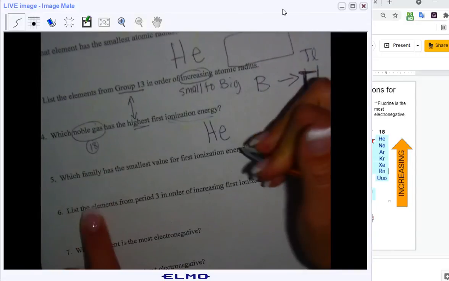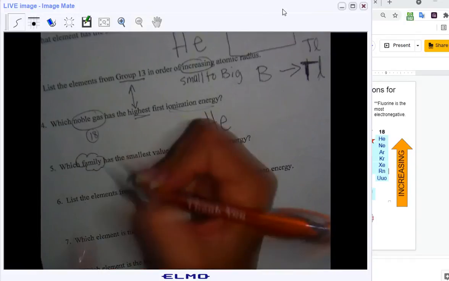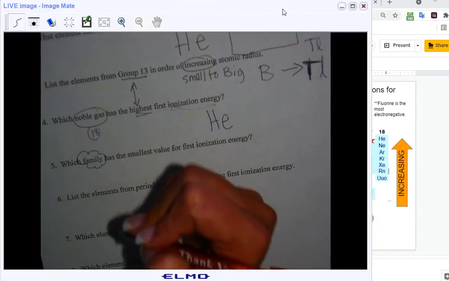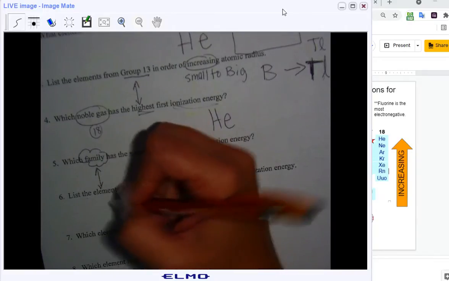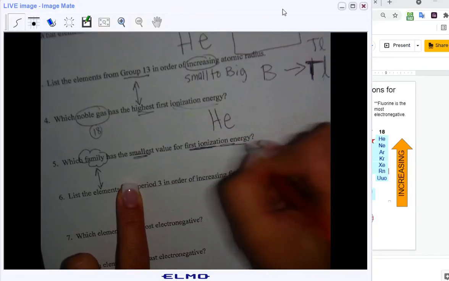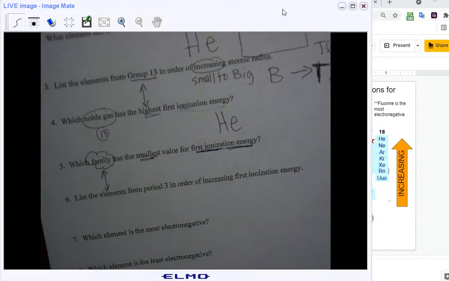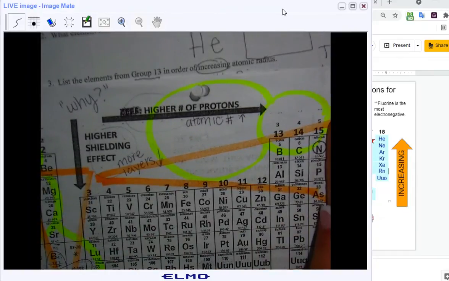Good job. All right, which family, so we're talking about family. So is that the vertical things or the horizontal things? Those are vertical. So which group number has the smallest ionization energy? Yes, so I heard somebody say 1, one say H. You guys are in the absolute correct spot.